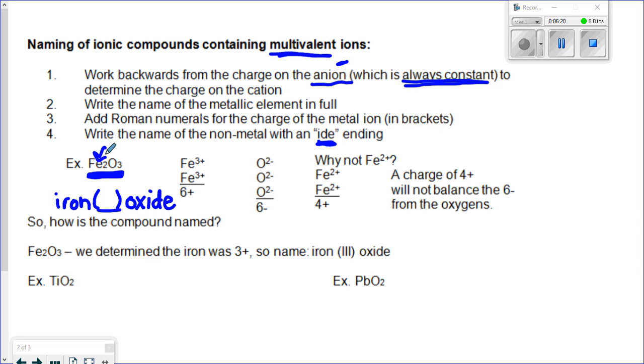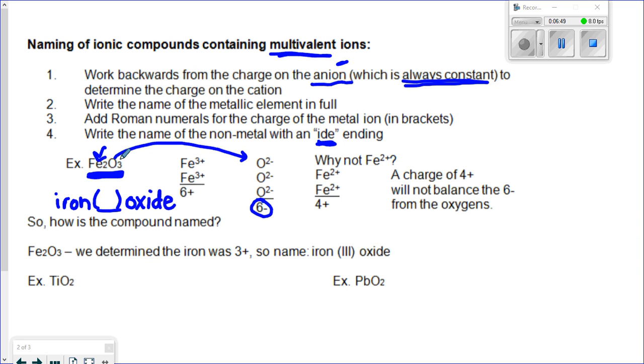We don't just assume in this case that it is necessarily iron 3, because we actually have pieces of information that will tell us for sure. Since we have O3 here, that means we have 3 of the anions. So we have 3 O2 negatives. Overall, the net charge from our anions is 6 negative.